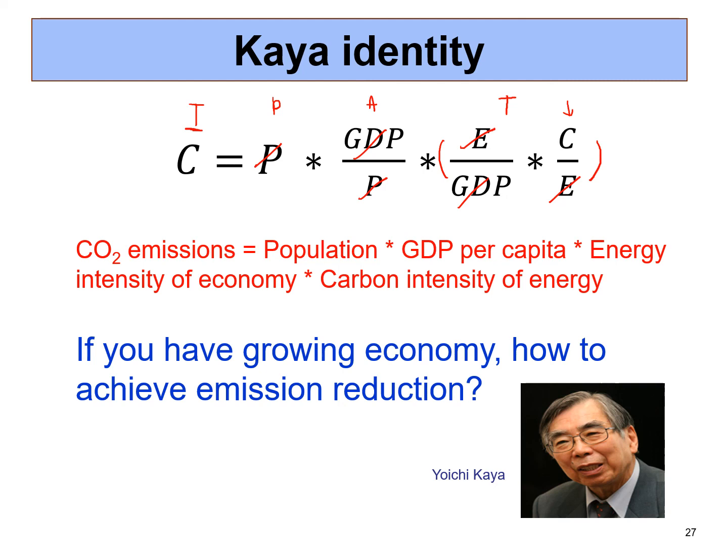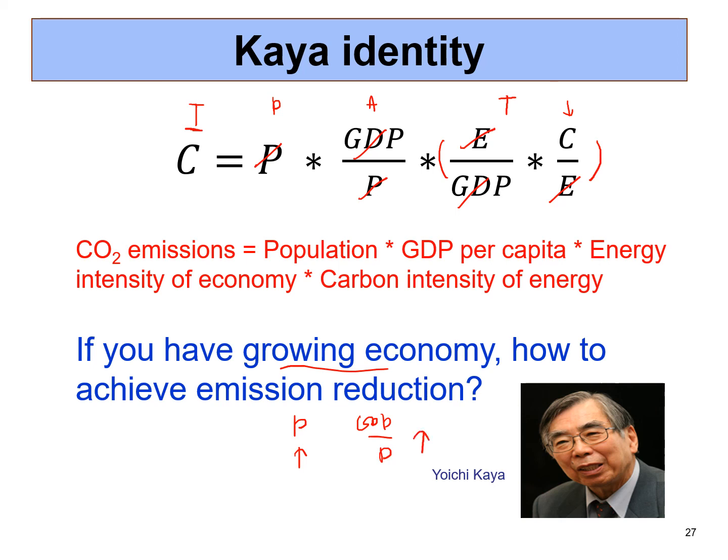Okay, so if you have a growing economy, how to achieve emission reduction? Any idea how you can achieve emission reduction? So first, what do we mean by growing economy? So this is the growing economy. When you look at this equation, growing economy means that our population is increasing and our GDP per capita is also increasing.